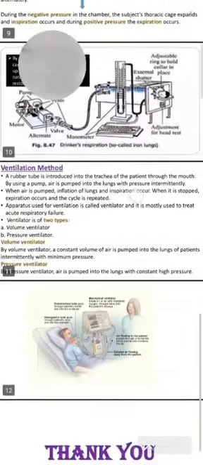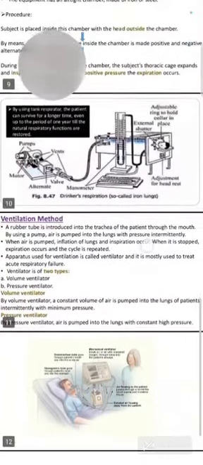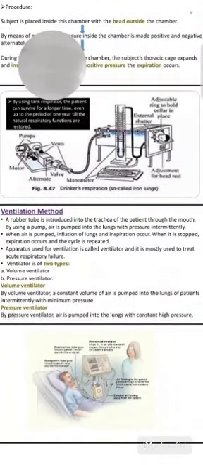So the last one is the ventilation method. A rubber tube is introduced into the trachea of the patient through the mouth. By using the pump, air is pumped into the lungs with pressure intermittently.